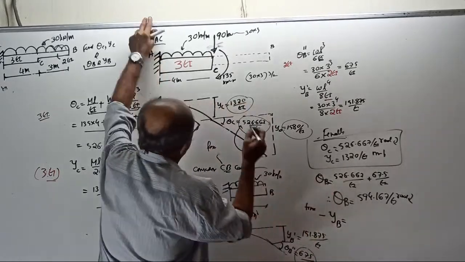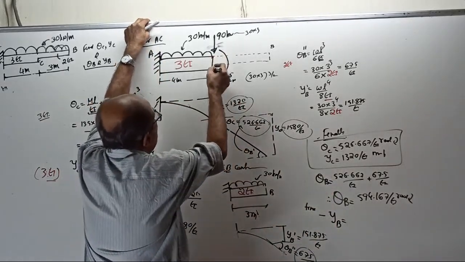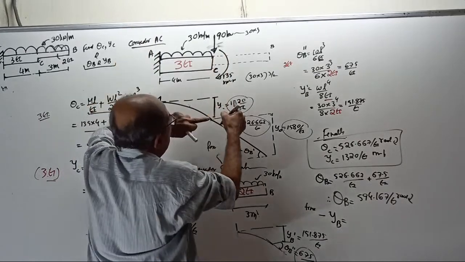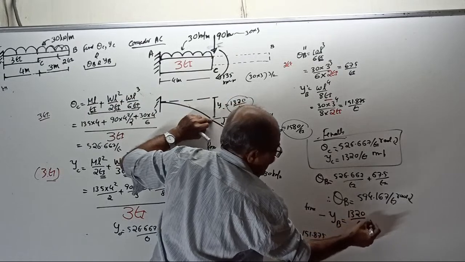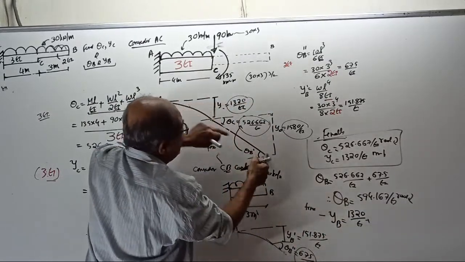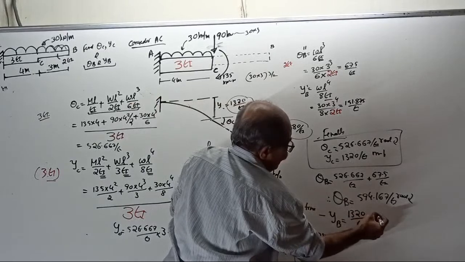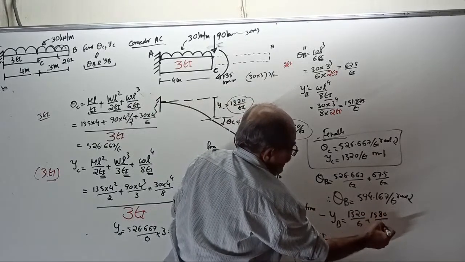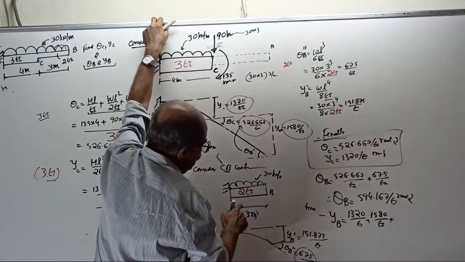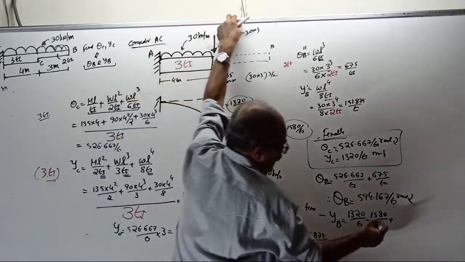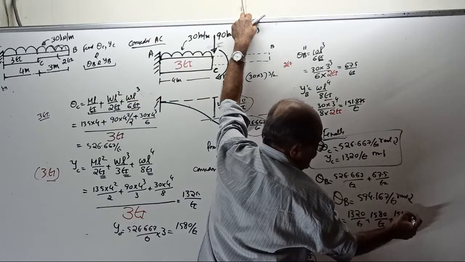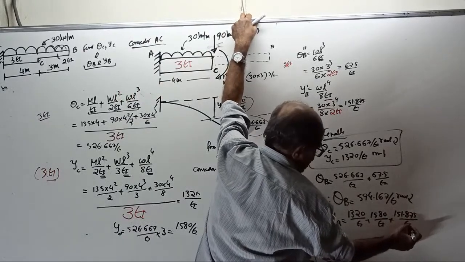And the final deflection at B: the point C came down by 1320 by EI. Then from there B came further down by 1580 by EI. And lastly, because of this cantilever effect, B came further down by 151.875 by EI.